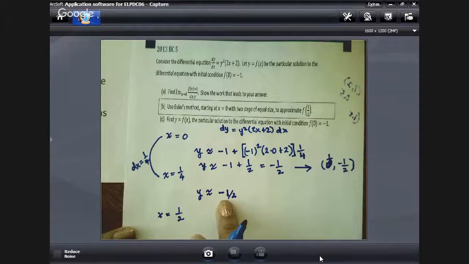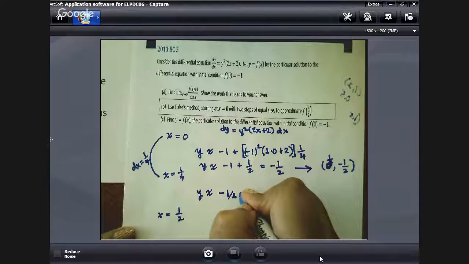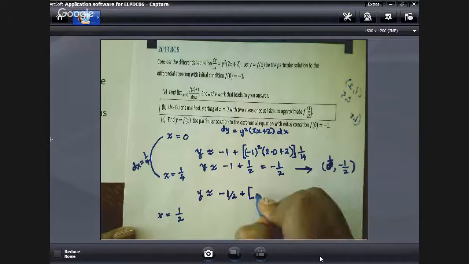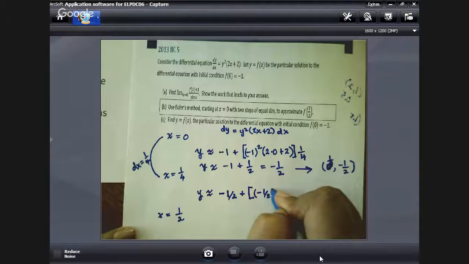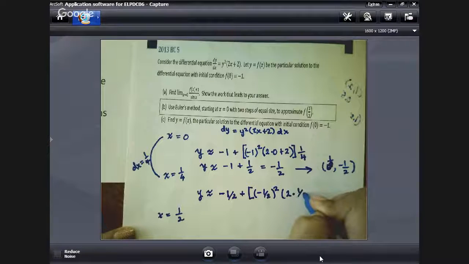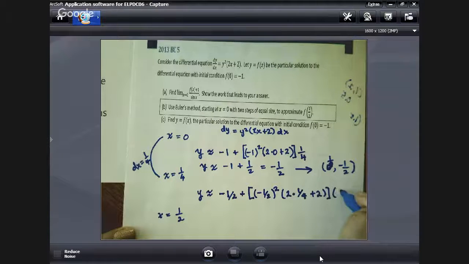So the y coordinate now is -1/2, plus the slope, which would be (-1/2) squared times (2 times 1/4 plus 2). That would give me the slope of this line times 1/4. This is my second iteration.